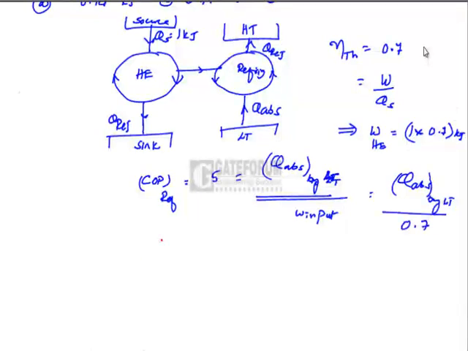So Q absorbed from low temperature is equal to 5 into 0.7, that is 3.5 kilojoules. C is the answer.